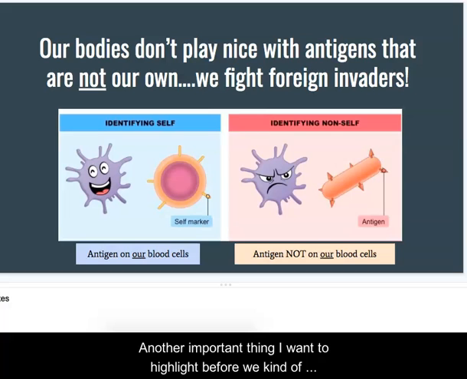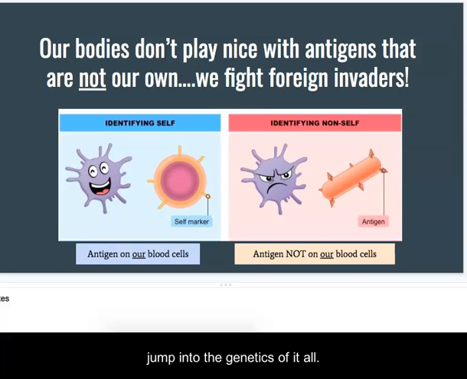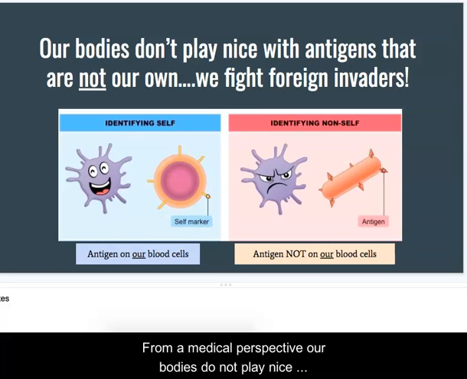Another important thing I want to highlight before we jump into the genetics of it all is that from a medical perspective, our bodies do not play nice with antigens that are not our own. And this is just part of our normal immune system. We fight foreign invaders, whether it is viruses or bacteria or whatever it is.